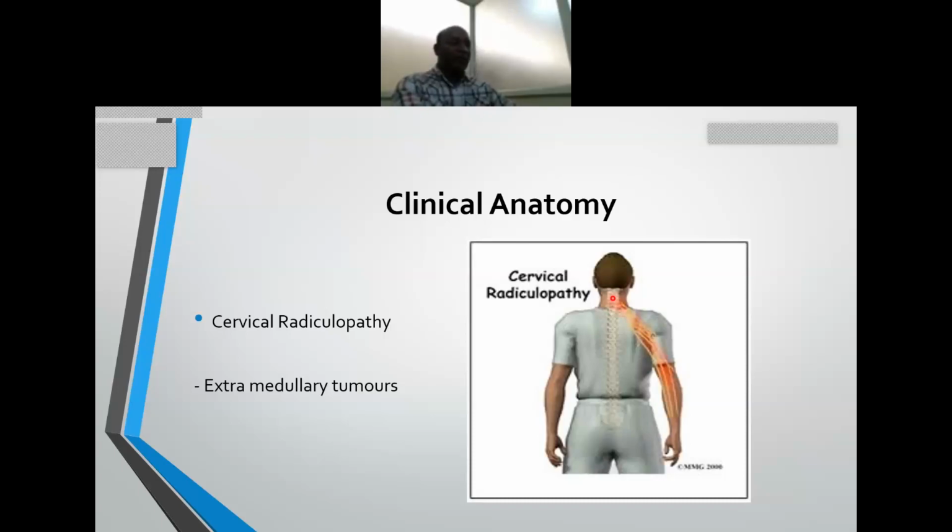If there is a degenerative change or a disc bulge, if the intervertebral disc between the cervical vertebrae is compressed and the nucleus pulposus protrudes out, then it may cause compression of the roots of the brachial plexus, which presents as pain radiating down the upper limb. So that is called cervical radiculopathy.